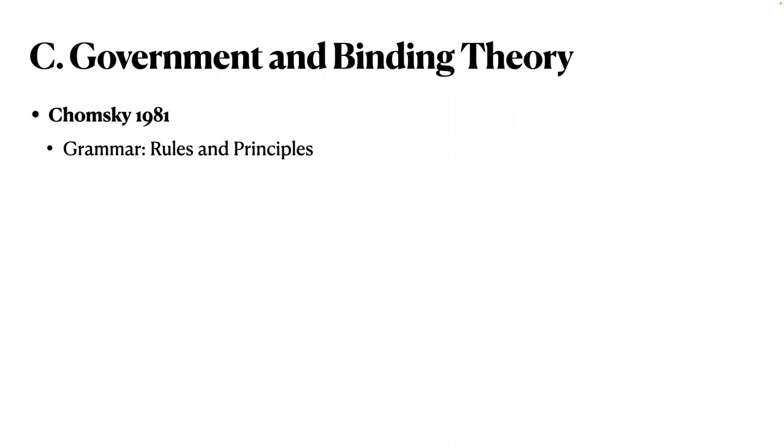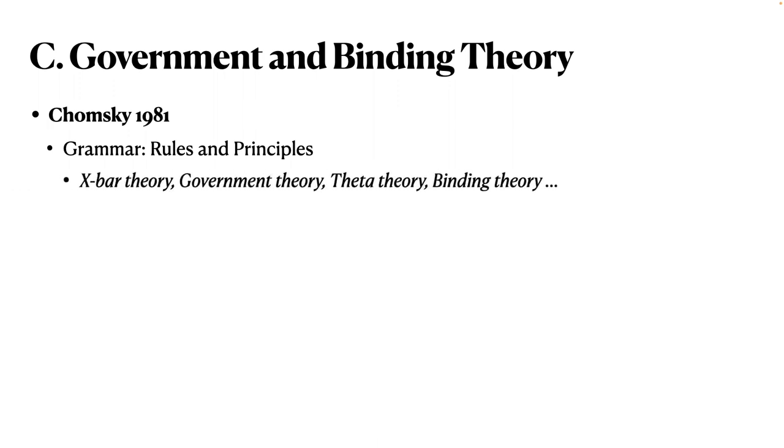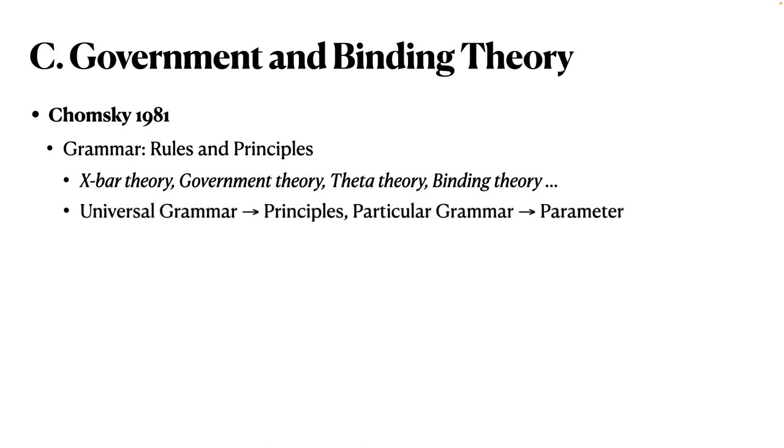The principle system consists of several sub-theories, including X-bar theory, government theory, theta theory, binding theory, etc., and is developed into a more general and simpler system. Like this, Chomsky explains the universal grammar through several fixed principles and considers the particular grammar as the process of determining the values of parameters, once again minimizing the theory.